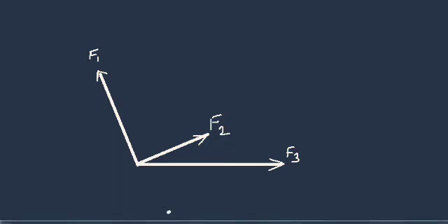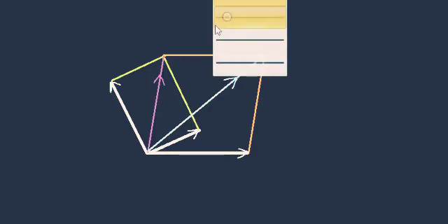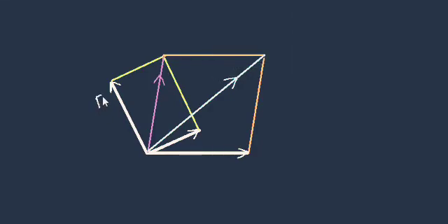So what you do here is first find the resultant of forces F1 and F2 by using the parallelogram law. So first you construct a parallelogram connecting F1 and F2 and then find the resultant of F1 and F2.